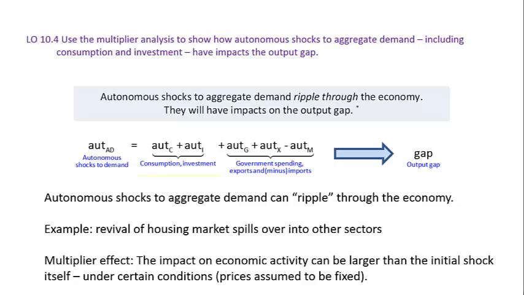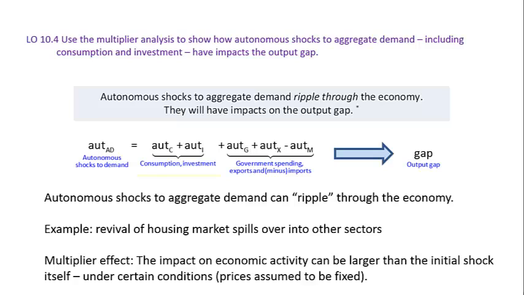Now, as we learned in a previous video, the idea of the multiplier is that we have autonomous shocks to aggregate demand that may emanate from one particular sector of the economy, but then these shocks tend to ripple through the economy as people spend their extra income, and we have additional rounds of spending.